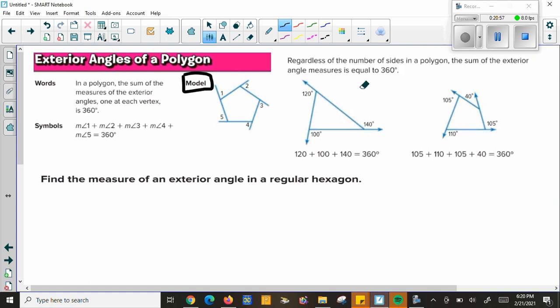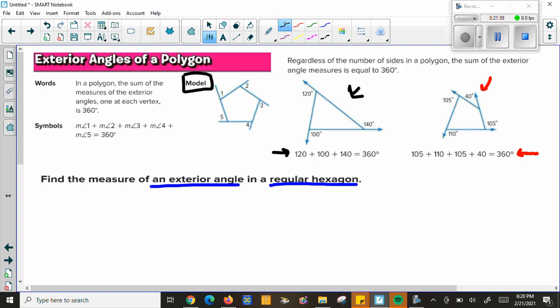We can see that here with this triangle, and they added that already. And then again with this quadrilateral, where they add up to 360. We're going to use this to find one exterior angle. Find the measure of an exterior angle in a regular hexagon.